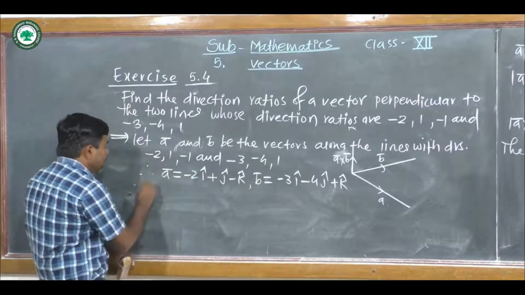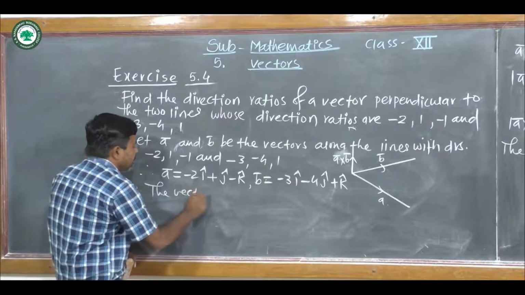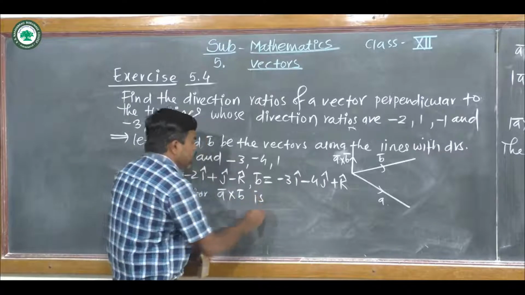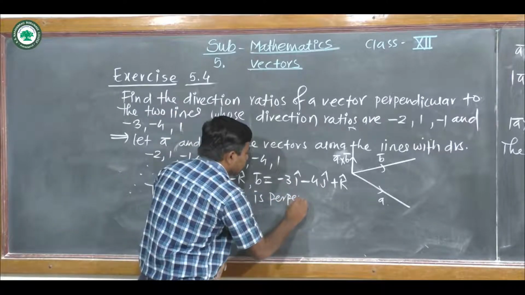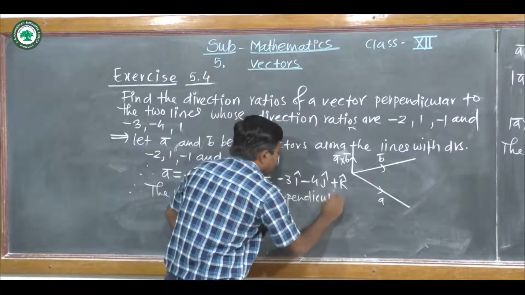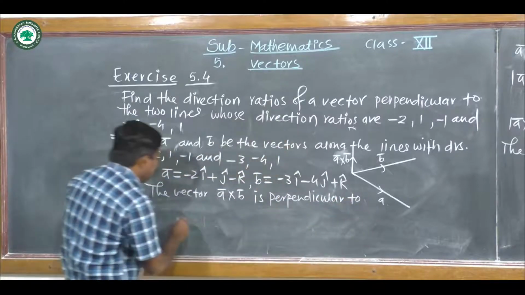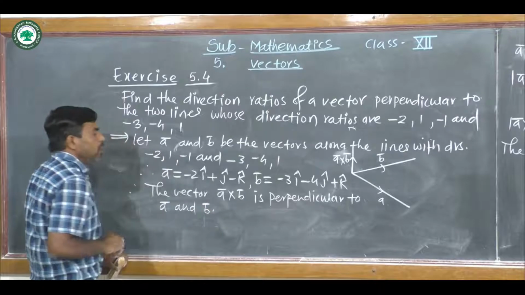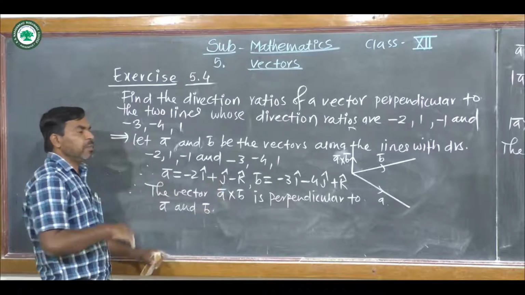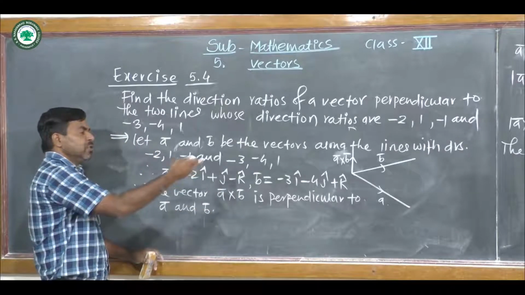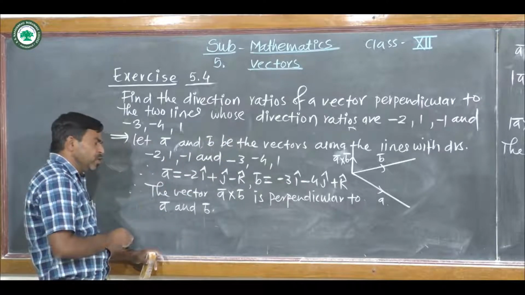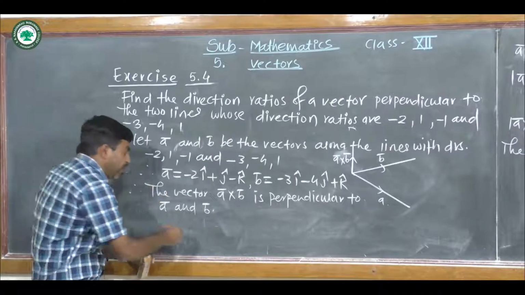So the vector A bar cross B bar is perpendicular to A bar and B bar. It means that A bar cross B bar is perpendicular to the two lines, because along these two lines we have the two vectors A bar and B bar. So now find A bar cross B bar.